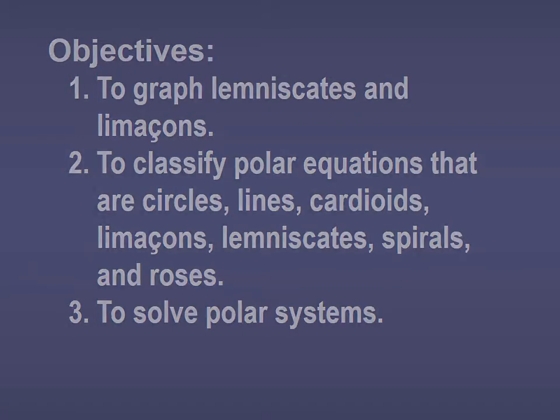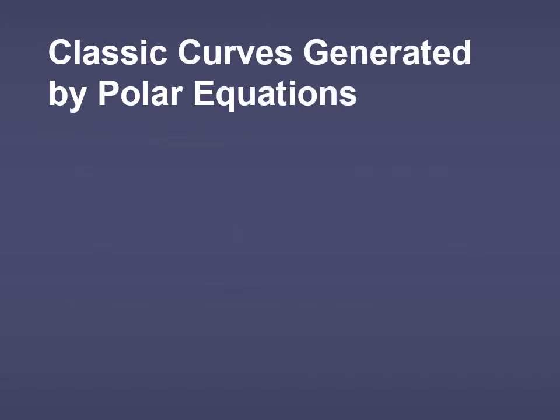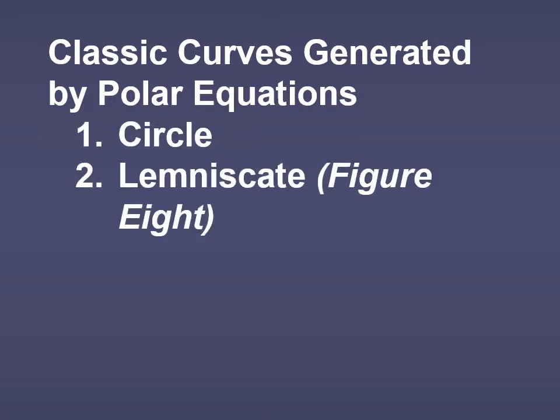And look, so classic curves generated by polar equations. These are what we typically see. Number one is a circle. Number two is a lemniscate, so this is a figure 8. Anytime that you have graphed a polar equation and gotten a figure 8, that's called a lemniscate.